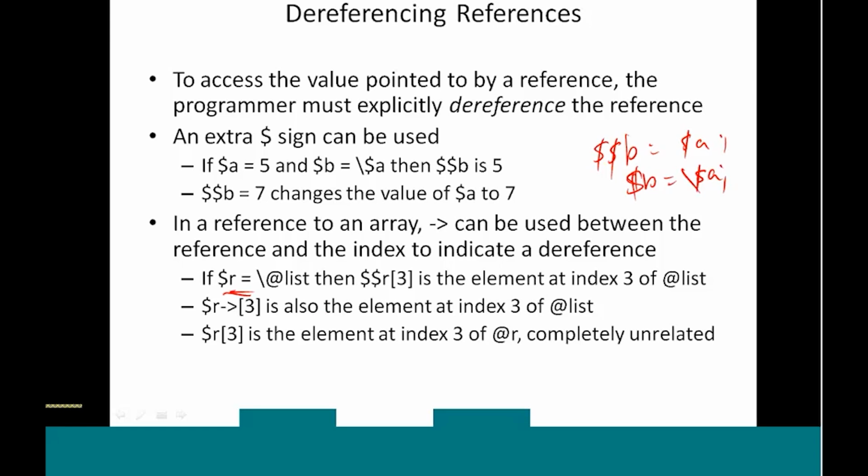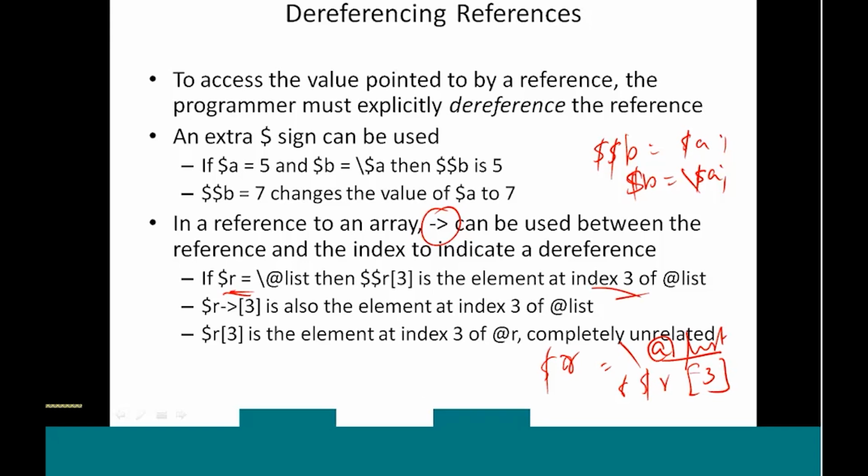In order to reference an array, the arrow sign can be used between the reference and the index to indicate a dereference. One thing we can do is, when $R is a reference to a list, then @$R will bring back the list, and if you say index 3, then that is index 3 of the list.